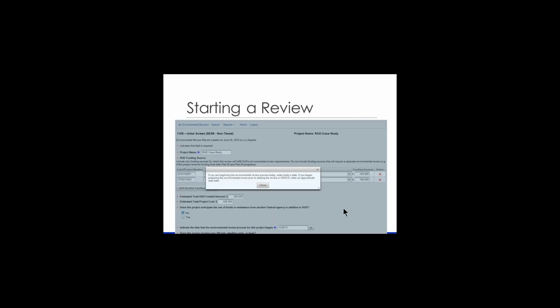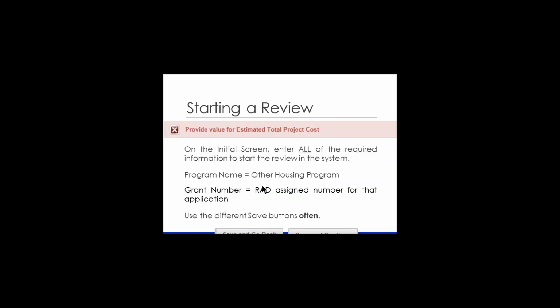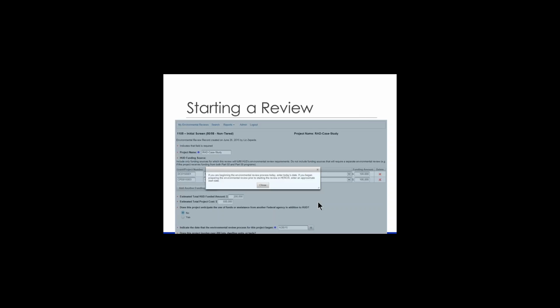The question here: does the project anticipate the use of funds or assistance from another federal agency in addition to HUD? So if it's a straight conversion, where I'm simply taking my current funding under public housing, I wouldn't check that box. If I'm using capital funds, I wouldn't check that box. If I'm using HOME funds, I wouldn't check that box.